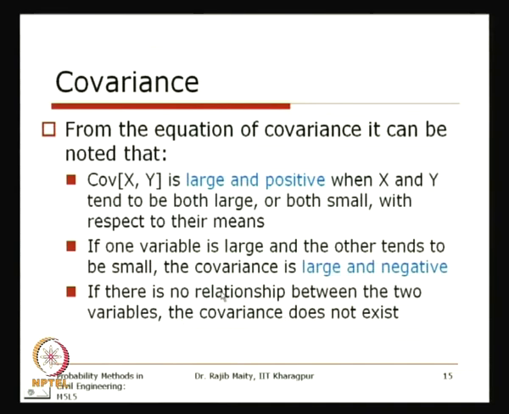So, when we talk about large and positive and large and negative, if we want to standardize it, then we can have some base over which we can quantify the nature of their association. To standardize this, we use their individual standard deviations.